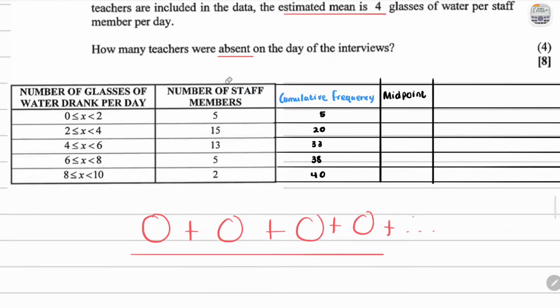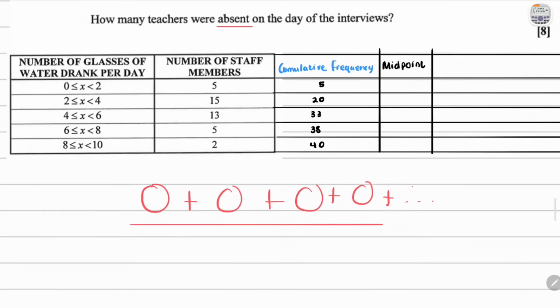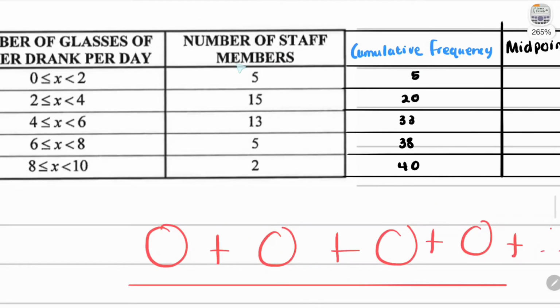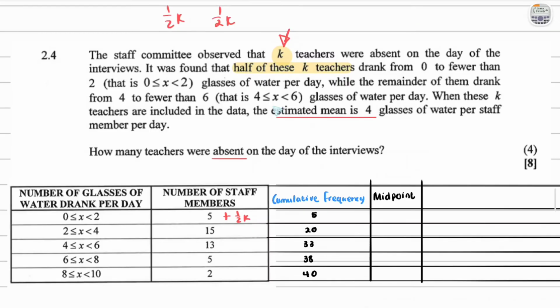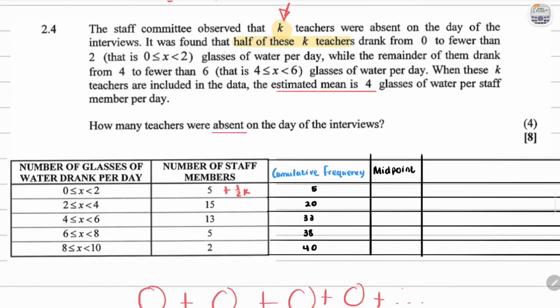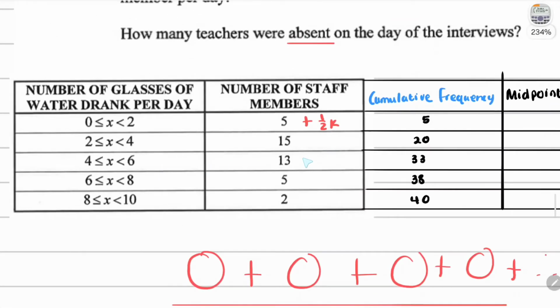In the number of staff members, which is the total frequency, we're going to have to add to this category a half K. Then we're also going to add the other half K in 4 to 6.